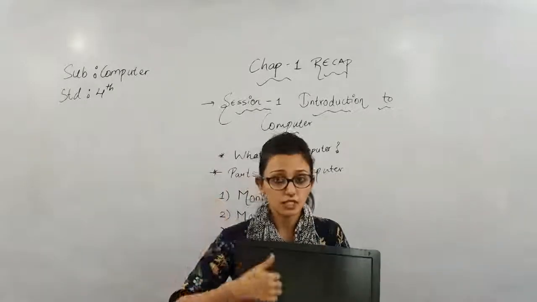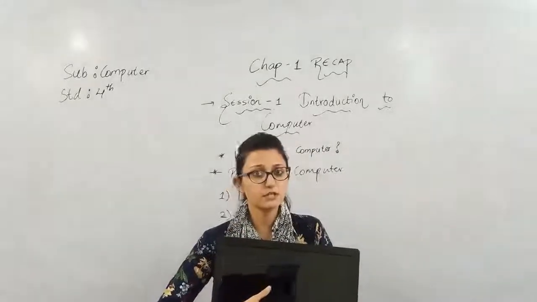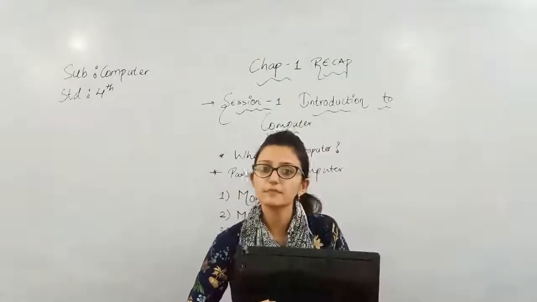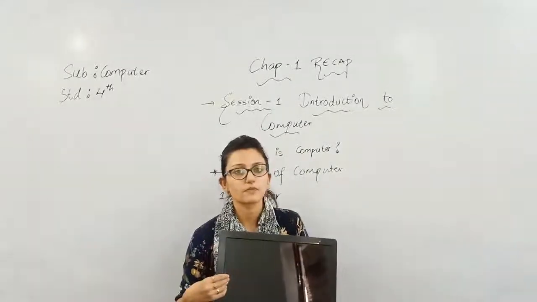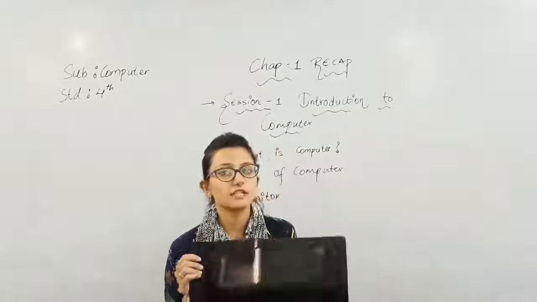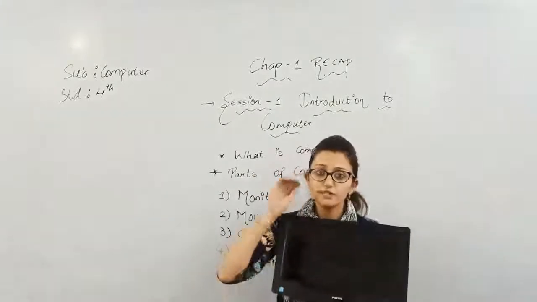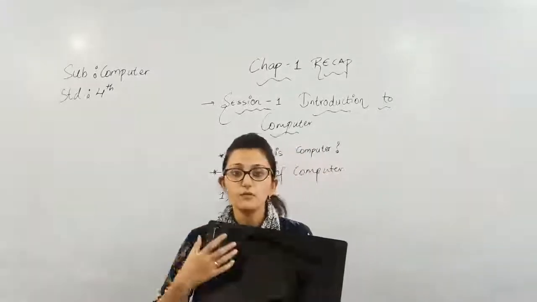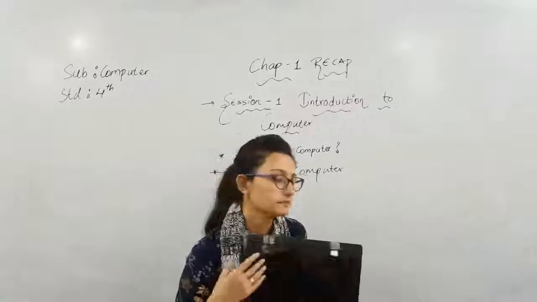Your picture is also displayed over here. The YouTube channel is also displayed over here. The cartoons are also displayed over here. Et cetera, things are displayed on this screen. The thing which you input in the computer will display over here and will give you the output.